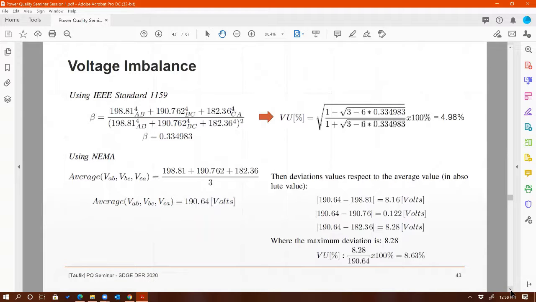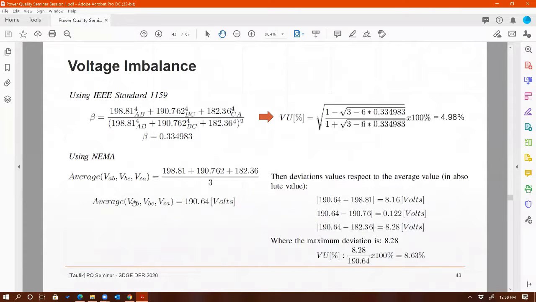Right? So as you can see, it's pretty straightforward. Using NEMA, same thing as the second method, except be careful. For NEMA, we are using line-to-line voltages, not phase voltages. Right? As you can see from here, it's using VAB, VBC, VCA. So these are all magnitudes of line-to-line voltages.